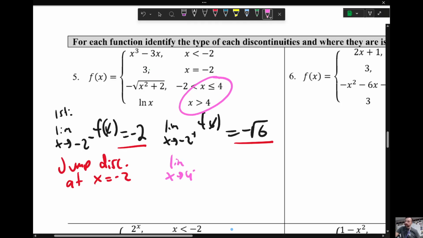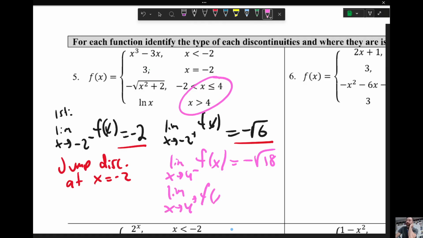So if I plug in, I need to not be lazy. As it approaches 4 from the left, I get negative square root of 18, I believe, unless I'm doing that too quickly. And the limit as x approaches 4 from the right would be the natural log of 4. Are these two the same thing?